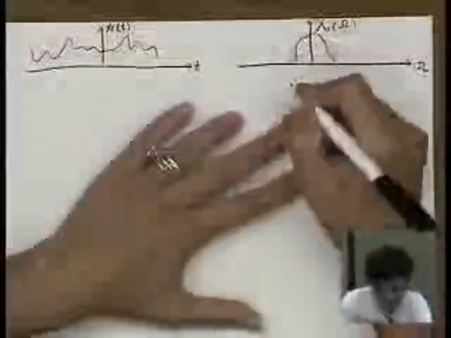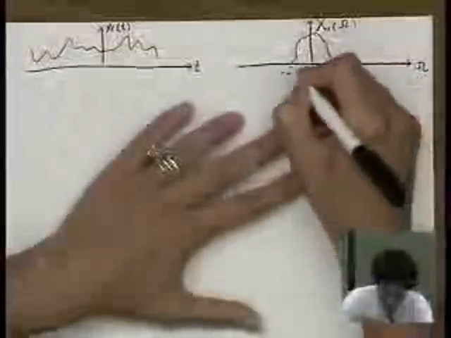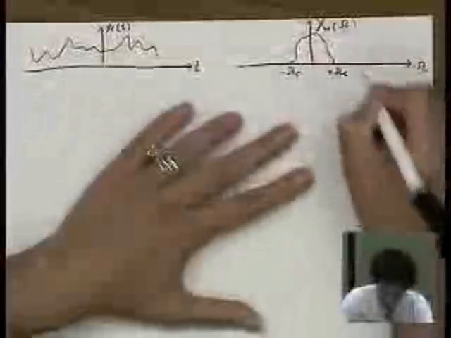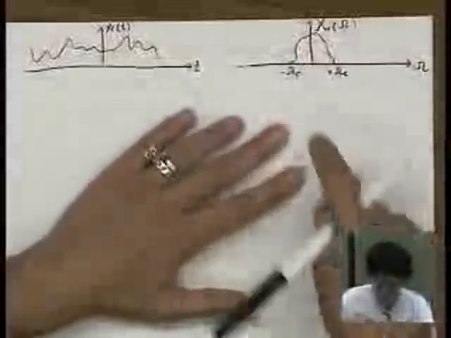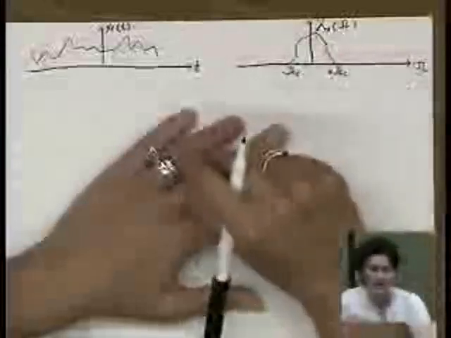And for the sake of argument, let's say it's band-limited to minus omega c to plus omega c. I've drawn the Fourier transform in a symmetric way, since I'm more or less drawing the magnitude of the Fourier transform rather than the real thing. And because I'm drawing the magnitude symmetrically, this probably tells you the signal is real. But that's beside the point.